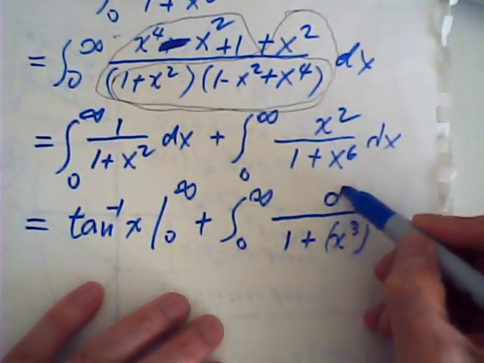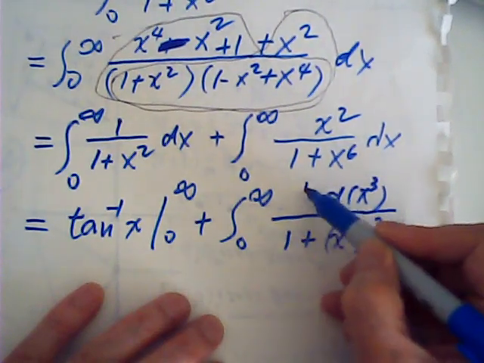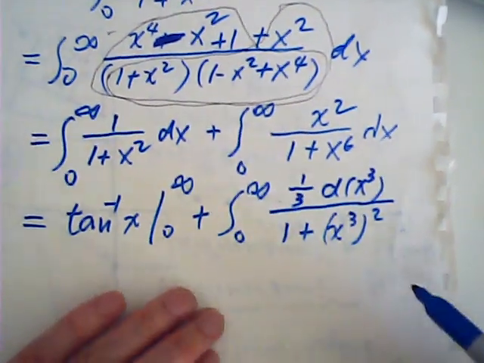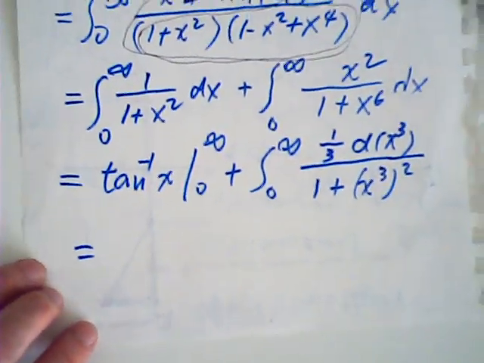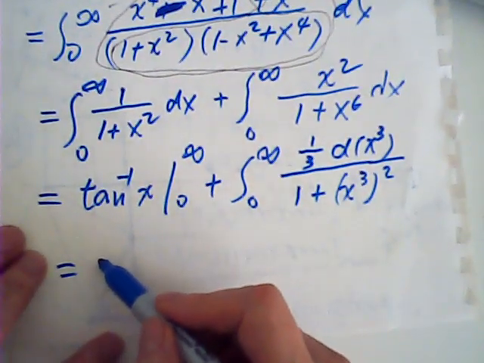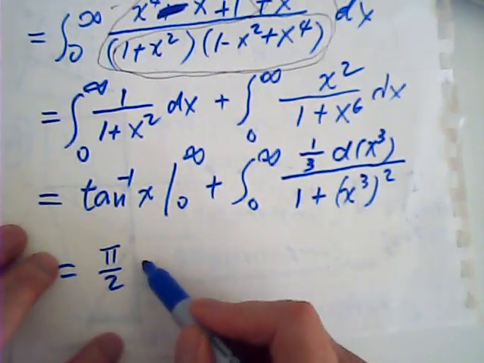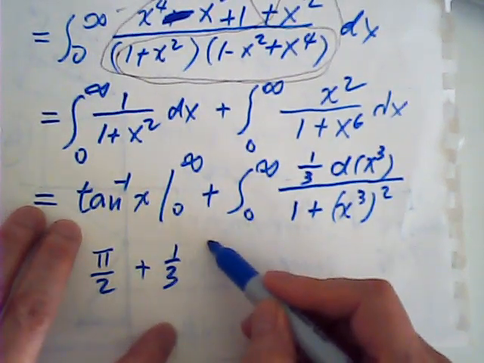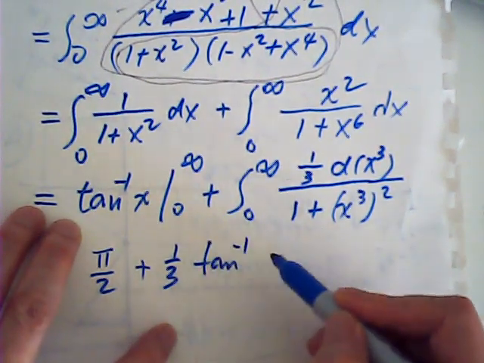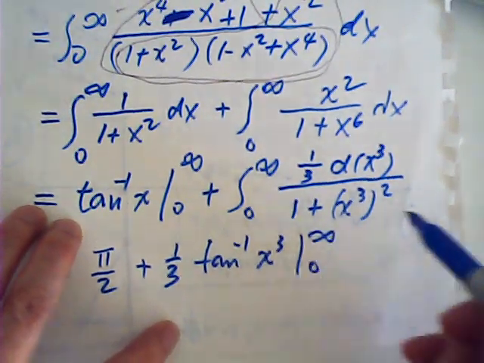X squared dx is d of x cube multiplied by 1/3. So this one is equal to half pi plus 1/3 arctangent x cube from 0 to infinity.